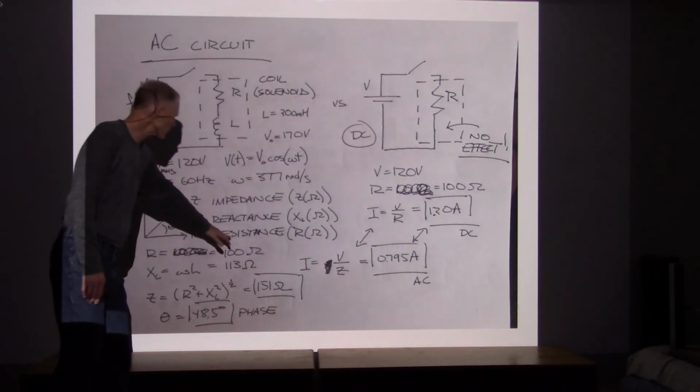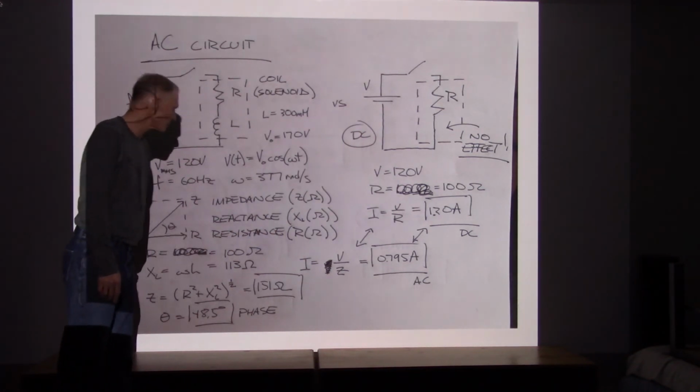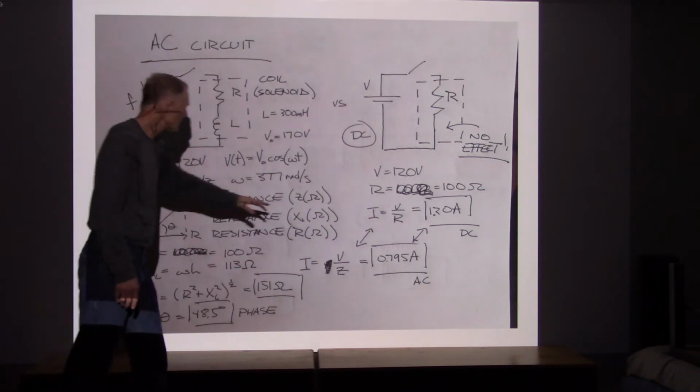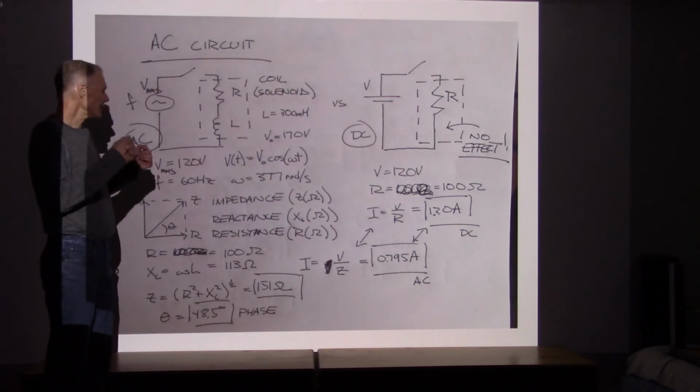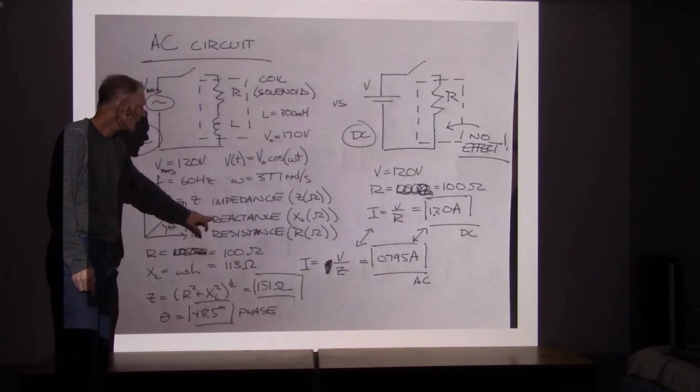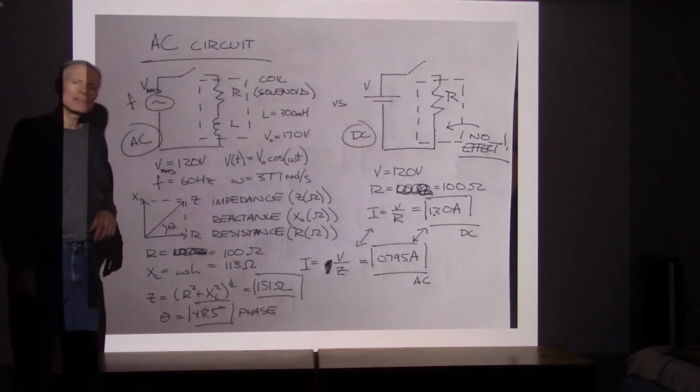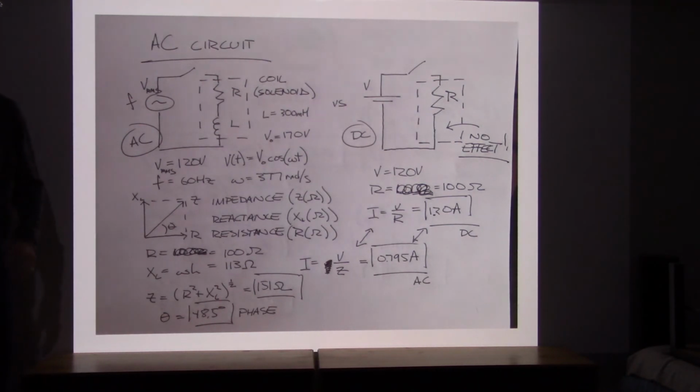So resistance in the resistor is called resistance. Resistance in the inductor is called inductive reactance. And the combined effect is called impedance. So let's see how we add those together.